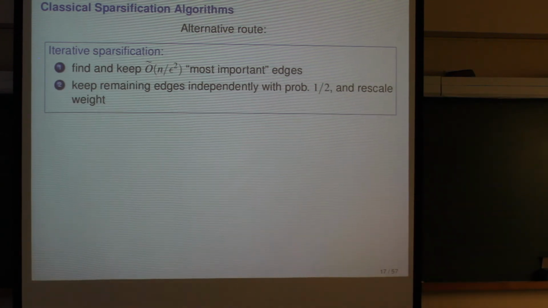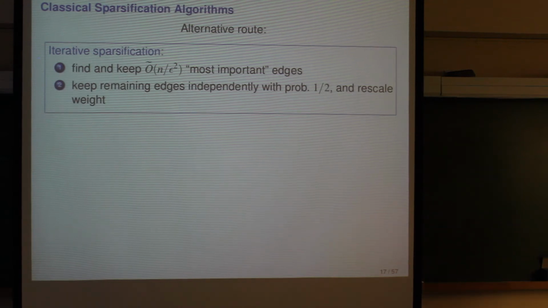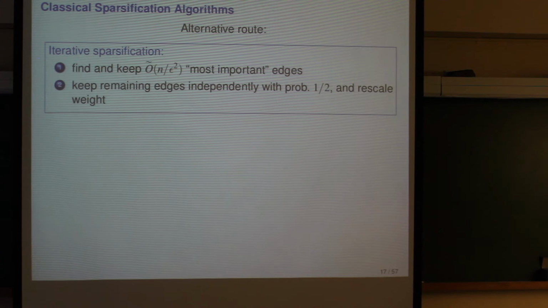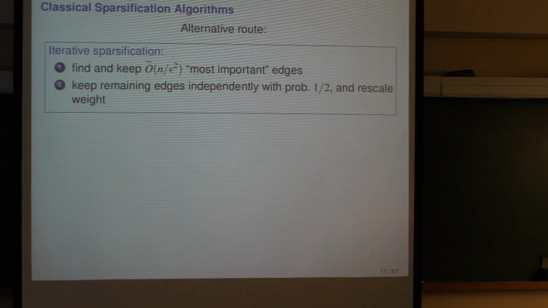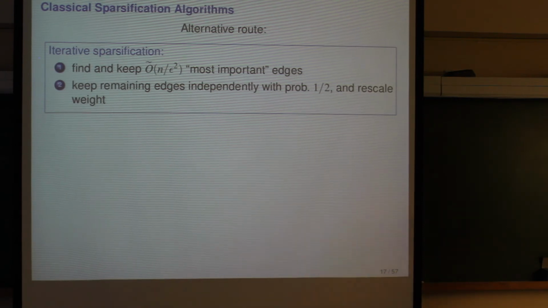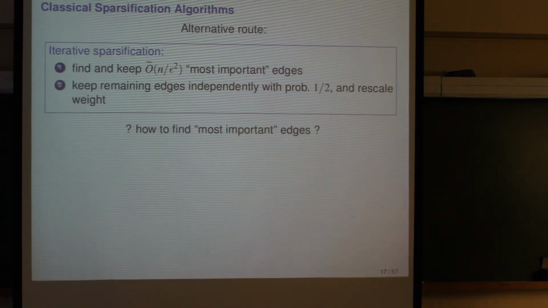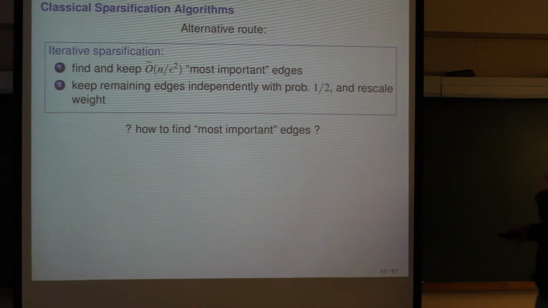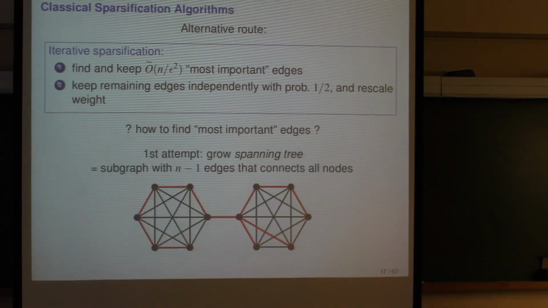Let's say you look for these n over epsilon squared most important edges; then you can discard all the other edges with probability 1/2 individually. So you identify these most important edges, and you give them p equal to 1, so you keep them for certain. The other ones you give p equal to 1/2. This is an alternative route, but again, how would you find these most important edges?